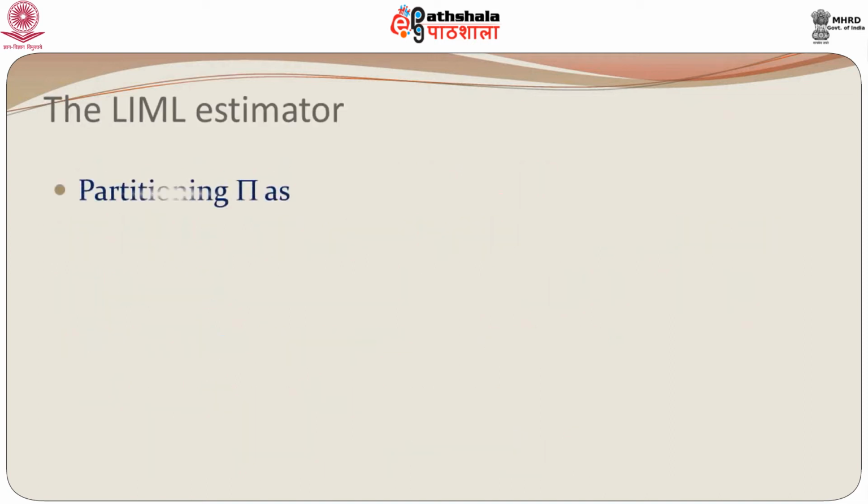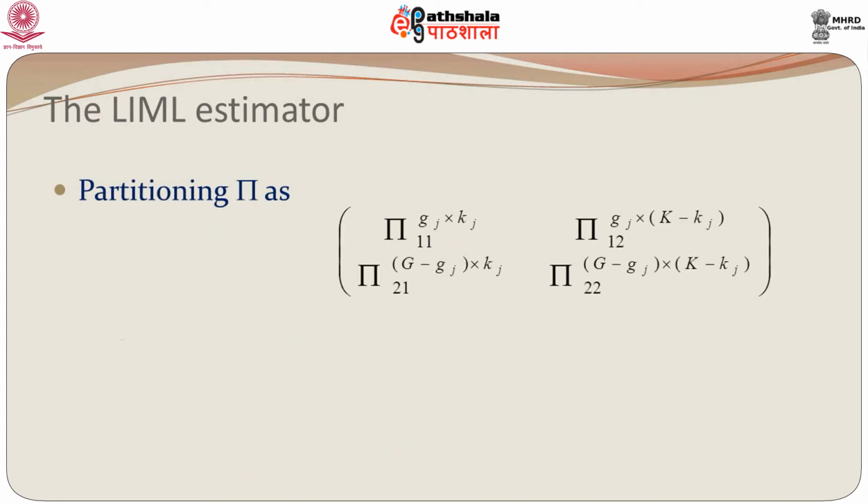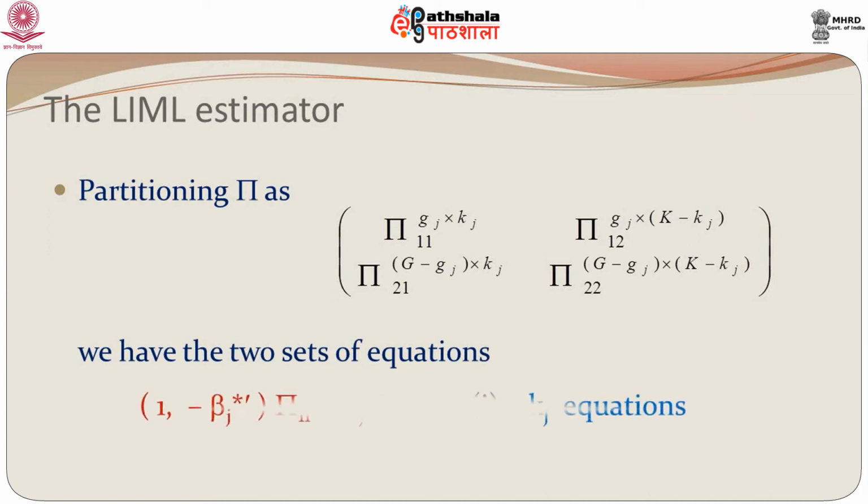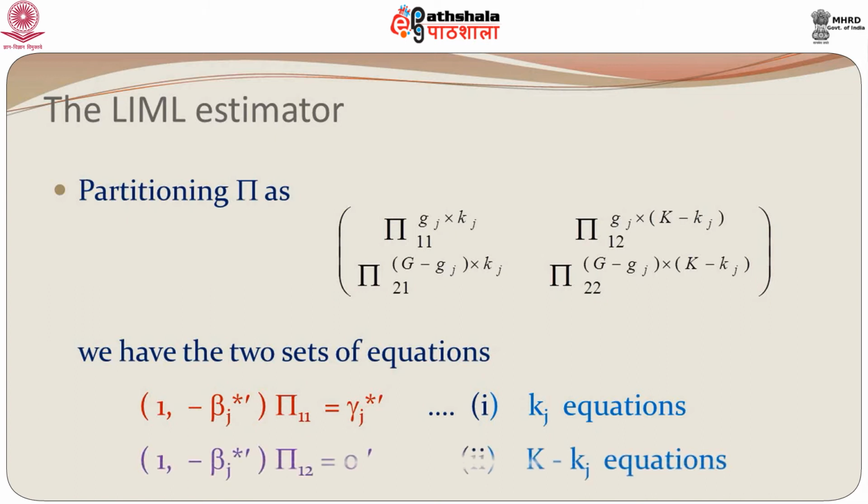Now, if we partition pi as pi 1 1, which is of order g j by k j, pi 1 2, which is of order g j by k minus k j, and similarly pi 2 1 and pi 2 2, then substituting this in the previous equation for the jth equation, we have 1 minus beta j star prime into pi 1 1 is equal to gamma j star prime, and 1 minus beta j star prime into pi 1 2 is equal to 0 prime.